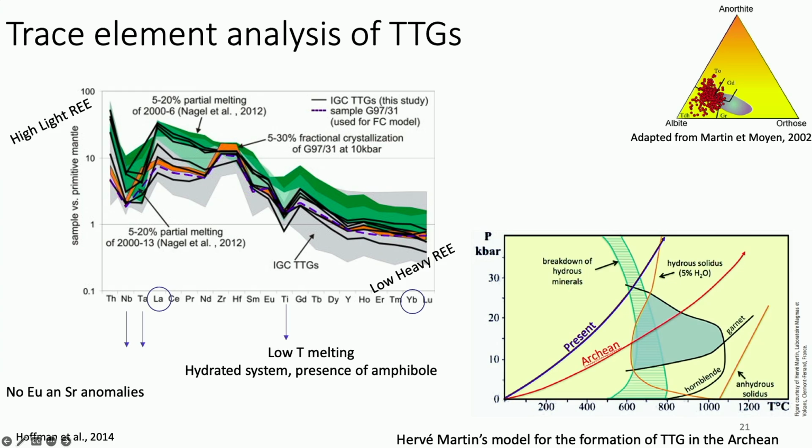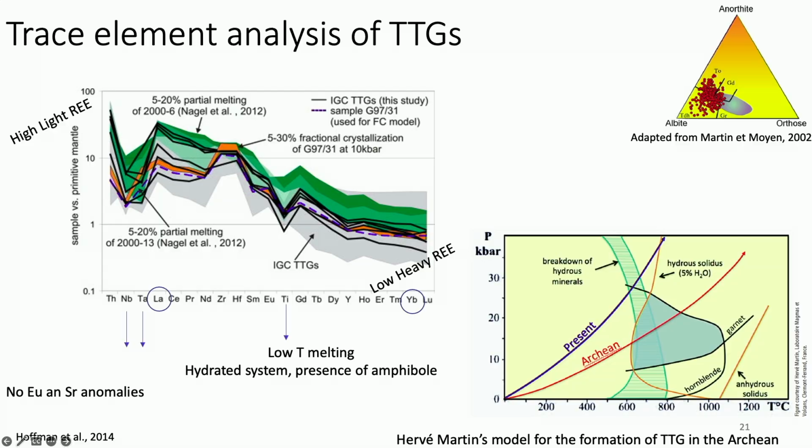They are depleted in titanium, and this low titanium content, from petrological experiments, is characteristic of low temperature melting, represented here for some of the experiments. It's characteristic of a hydrated system in the presence of amphibole.